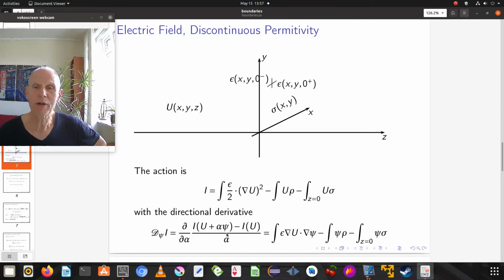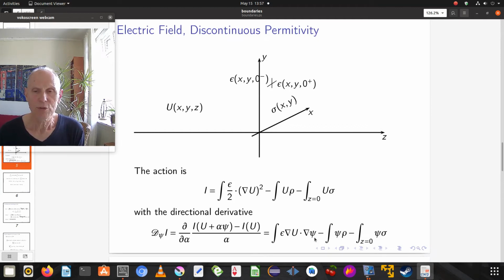You know the drill by now. It gives nabla u times nabla psi. We take the directional derivative in the direction of psi, and psi times rho and psi times sigma. These are volume integrals, and this is a surface integral.